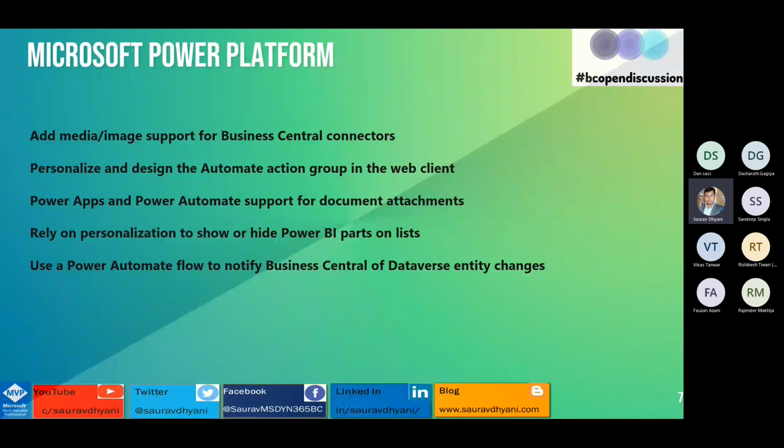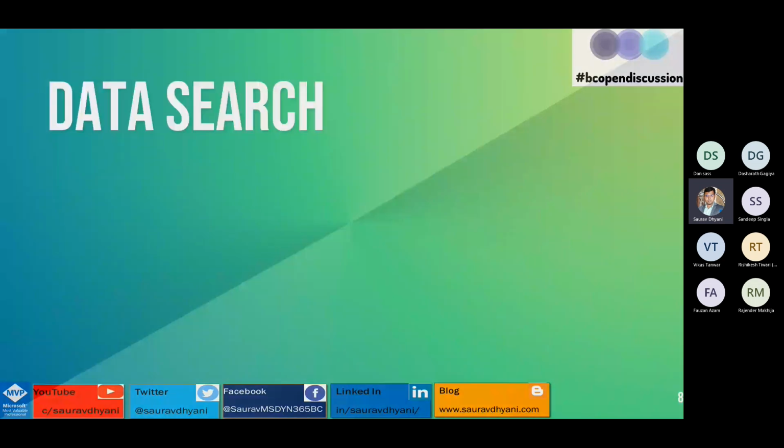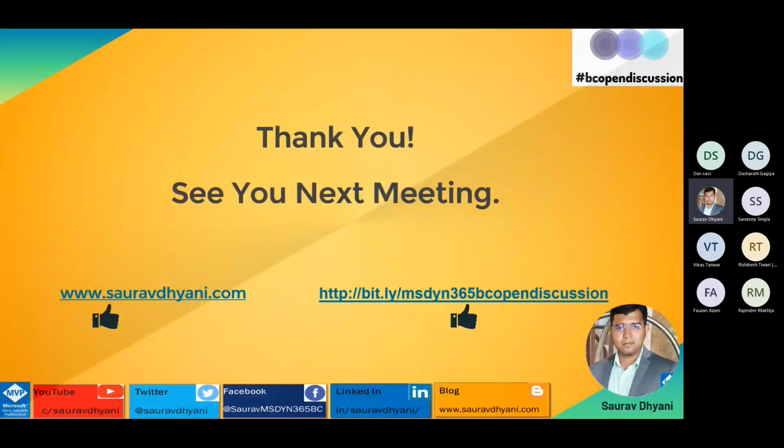But now it seems that going forward, if let's say a CRM system changes something in the Dataverse, Business Central will get notified of the change that happened on the Dataverse entity. So let's see how that all bakes in once it becomes available in the next release, in the October release, and we'll see it then.